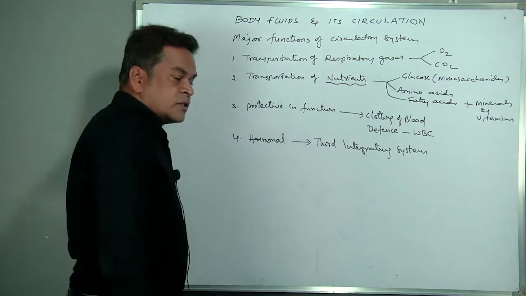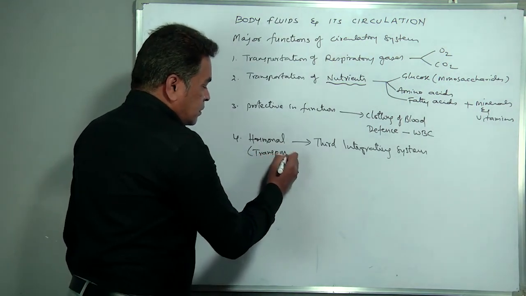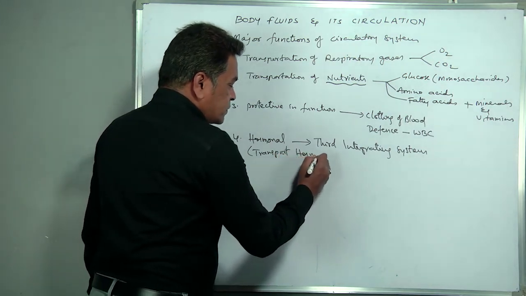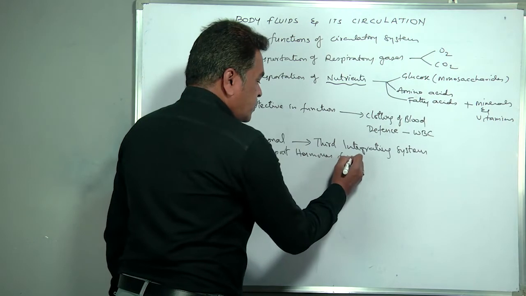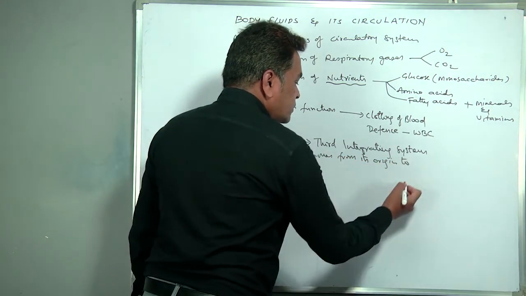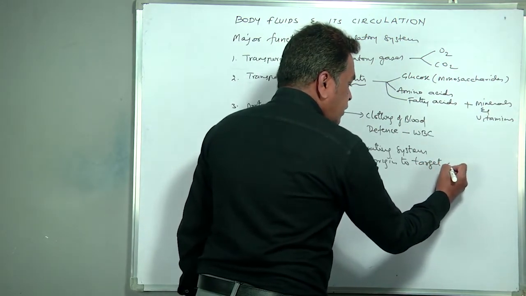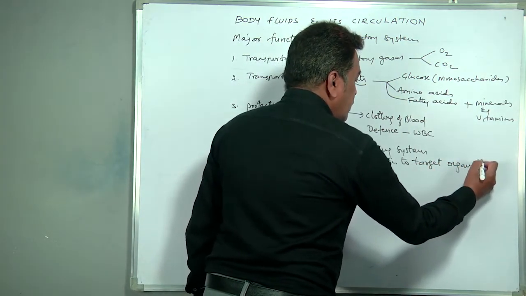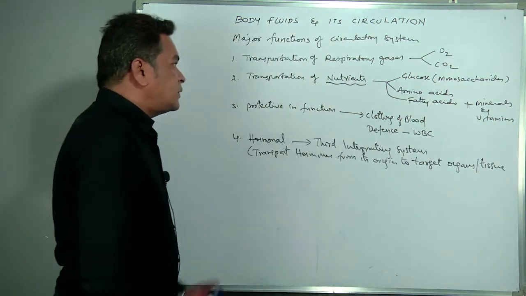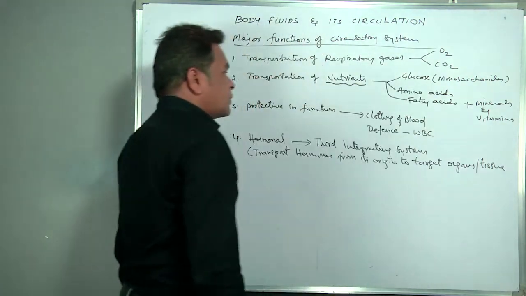Because it transports hormones from their origin to the target organs or tissues. Such an important role is played by the circulatory system here.